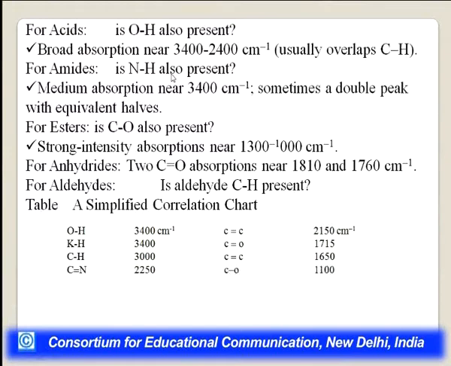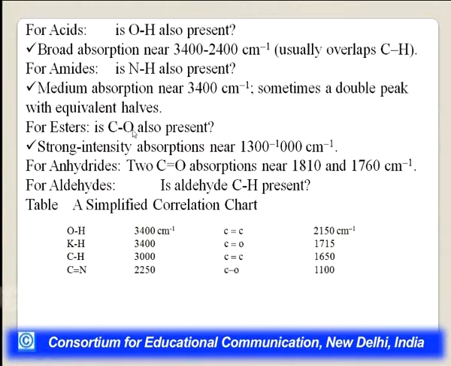For amides, is NH also present along with carbonyl? Because what is the amide group? RCONH2. So we have to look for the carbonyl group as well as for NH. For NH in amides, there is medium absorption near 3400, sometimes a double peak with equivalent halves. For esters, what is an ester? RCOOR.